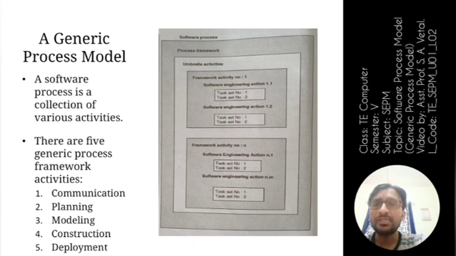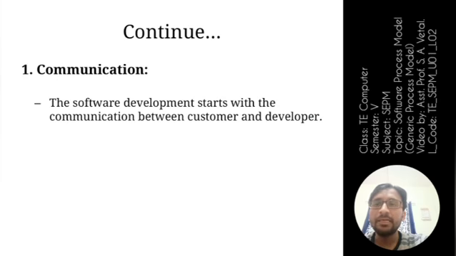Now each framework activity is going to have a different kind of task set. We will study the activities one by one and see what kind of tasks can be performed under these activities.